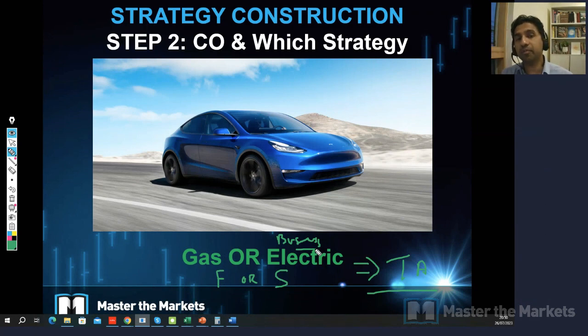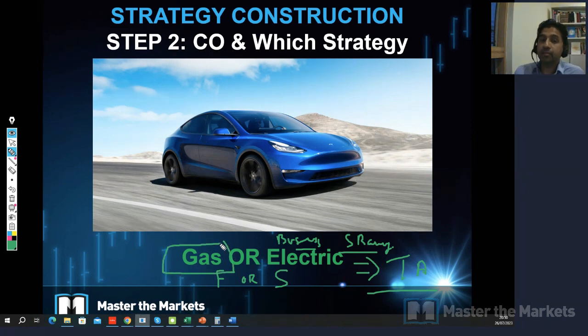If 80% of my target audience in that geographical location is going to be sports raving fans, then what am I going to do? So, firstly, immediately I can answer. I definitely need a gas car because at the moment gas cars the pickup is much faster, right?